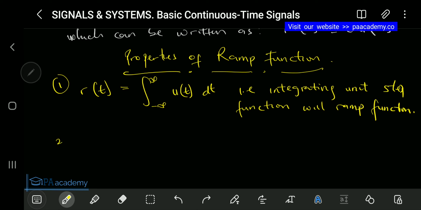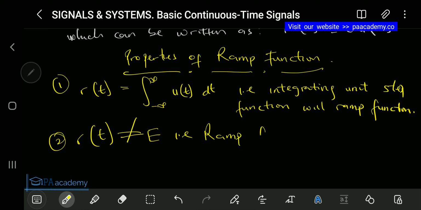Then number 2: r of t, the ramp function, is not even.